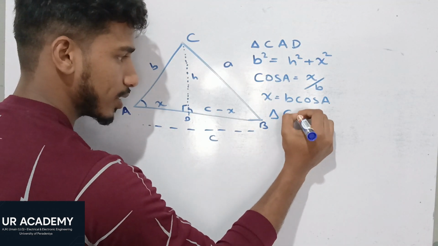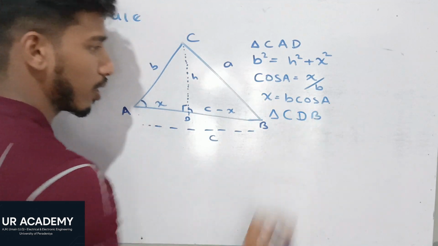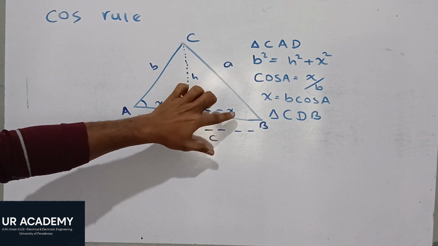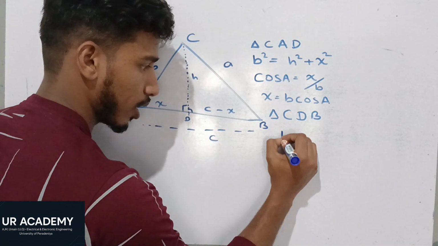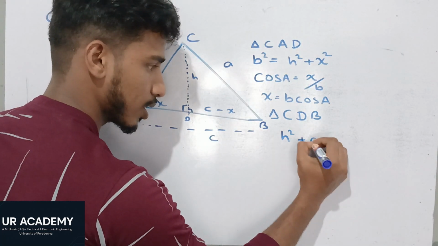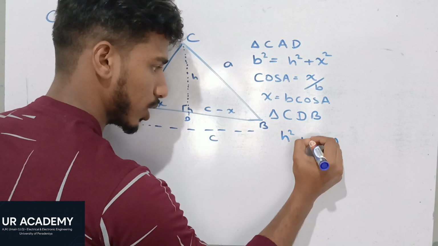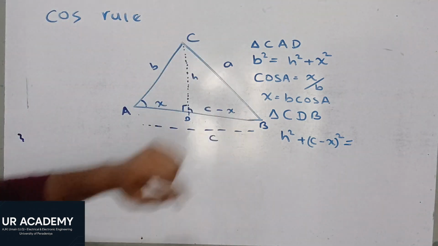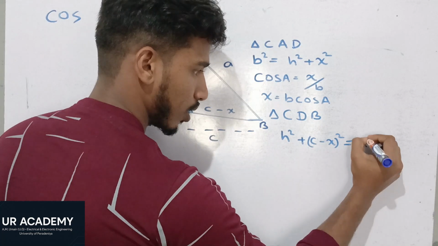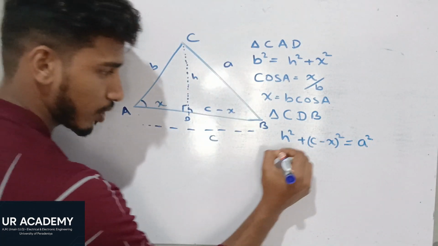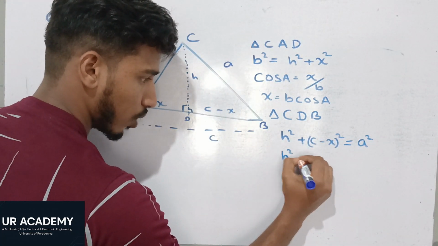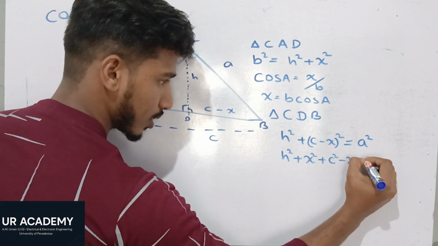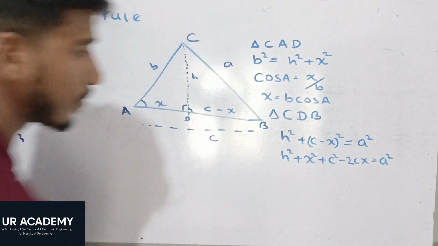When you consider the triangle CDB, we can see that h squared plus (c minus x) whole thing squared is equal to the hypotenuse a squared. So when I expand the brackets, we get h squared plus x squared plus c squared minus 2cx equal to a squared.